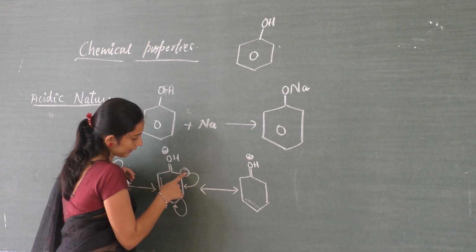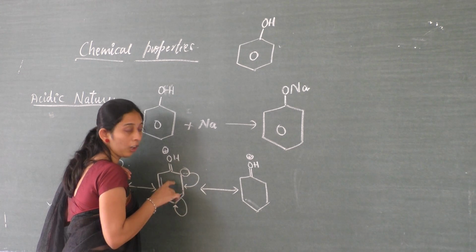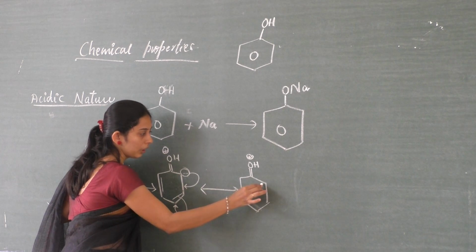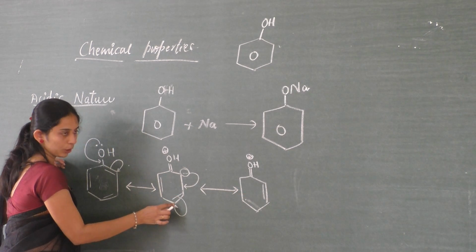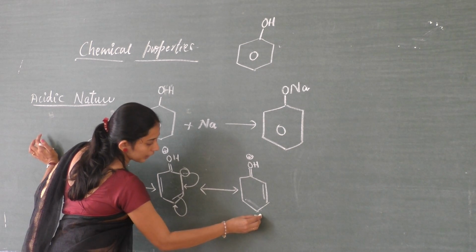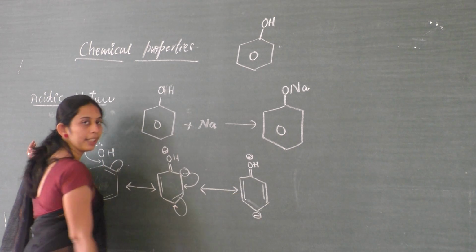Here we shifted this negatively charged one to the next position. That means one bond is shifted here, or two electrons are shifted here. So the bond comes here. We shift this double bond to the next position, so which charge is here? Here it should carry a negative charge, here already a double bond.